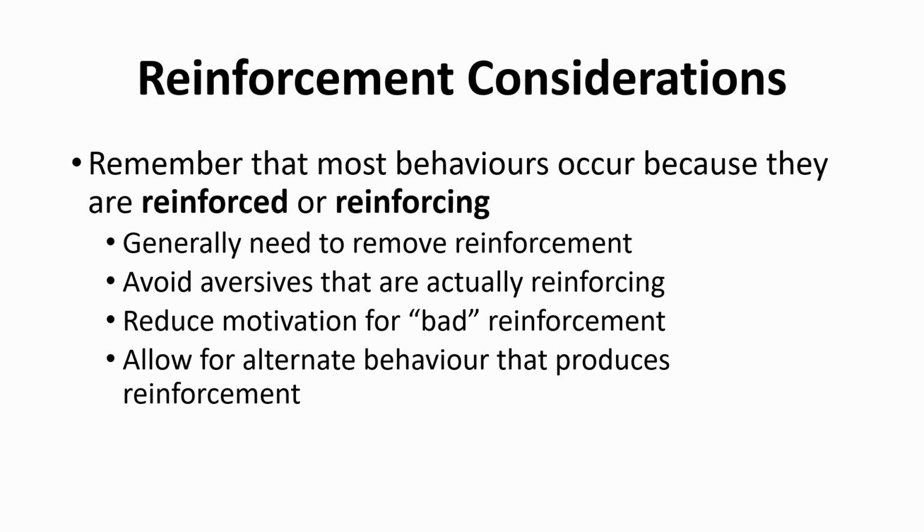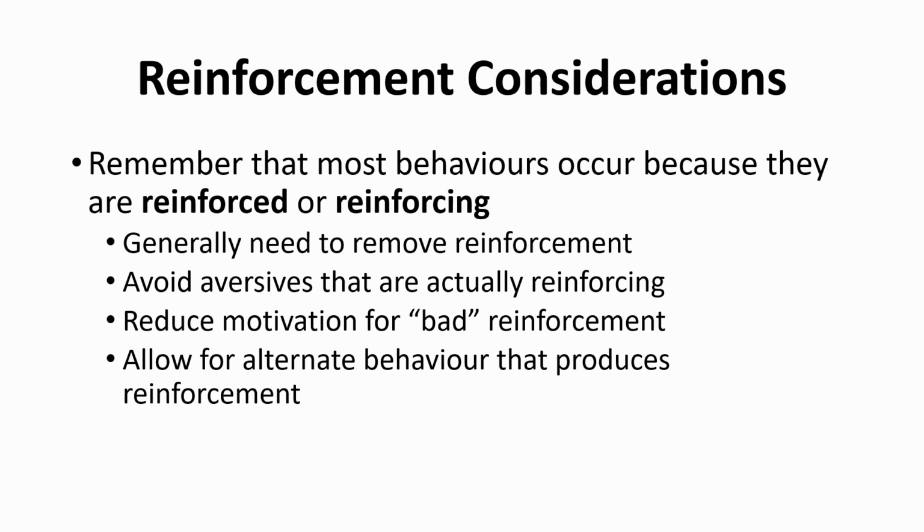Another example, and a very commonly studied example, would be the use of drugs. So people tend to continue taking drugs even if there are negative or punishing outcomes of taking drugs. So they will continue to take drugs even if they have lost their job and their home and their health.